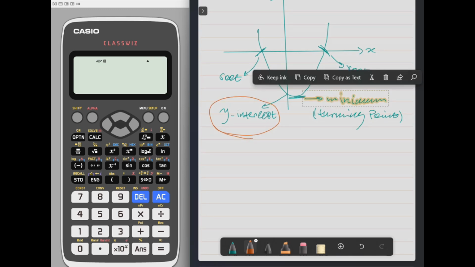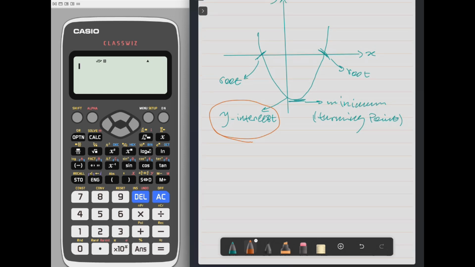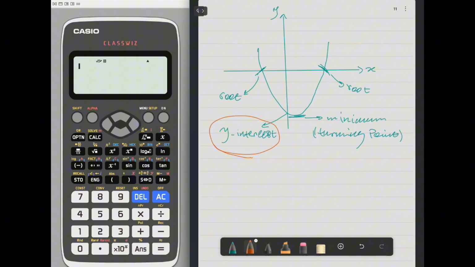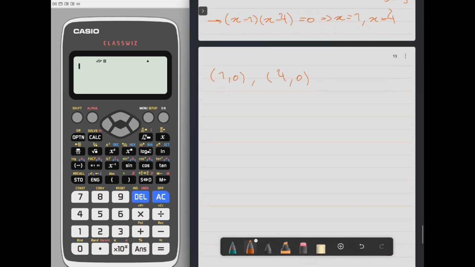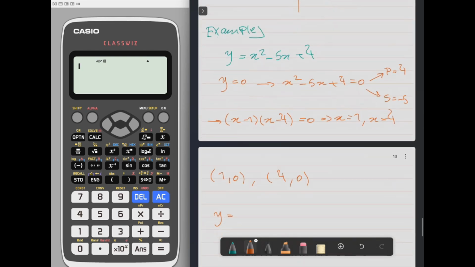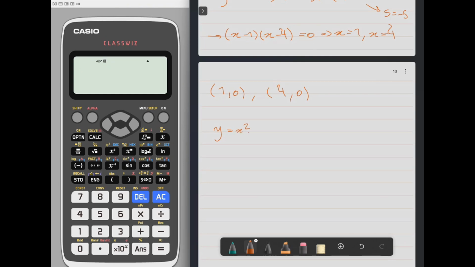Guys, just pay attention. The y-intercept occurs when the graph cuts the y-axis. So what does it mean? It means that when x is equal to 0. So you have y is equal to x squared minus 5x plus 4.